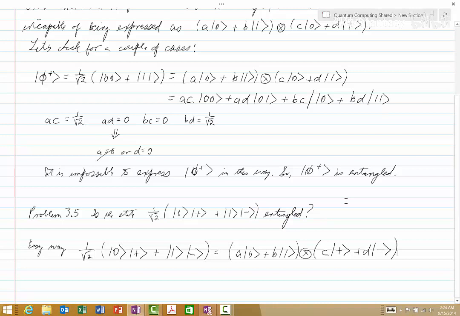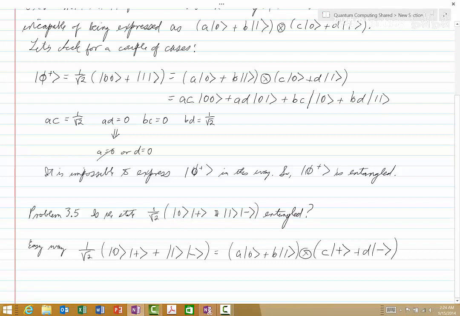Now, some are more convenient than others, and I'm suspecting that it will be convenient to use this basis for the second qubit of this 2-qubit state, and this basis for the first qubit, simply because that's the way the state is expressed.